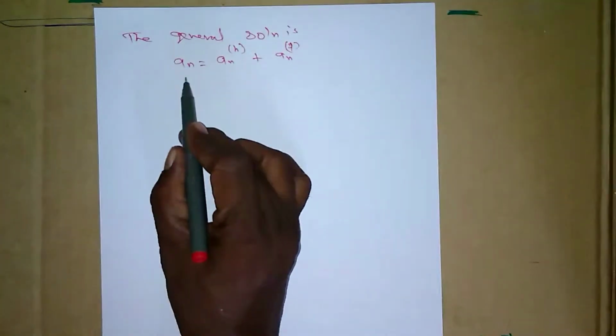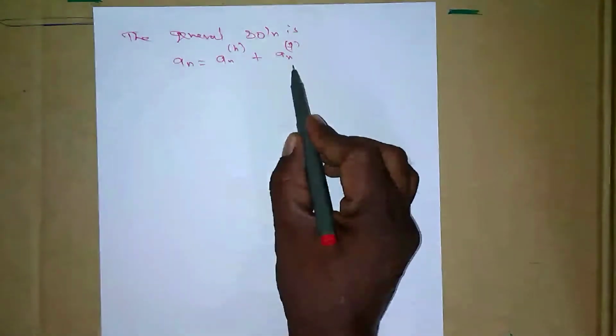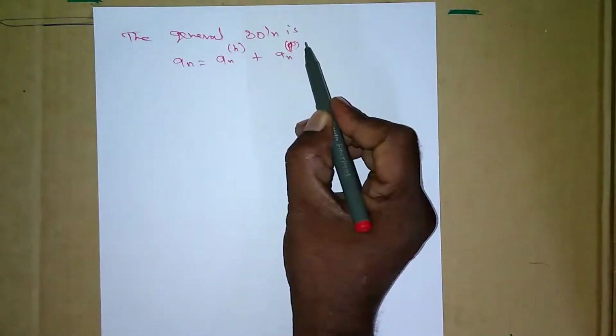The general solution is a n equal to a n power h, the associated homogeneous recurrence relation solution, plus the particular solution.